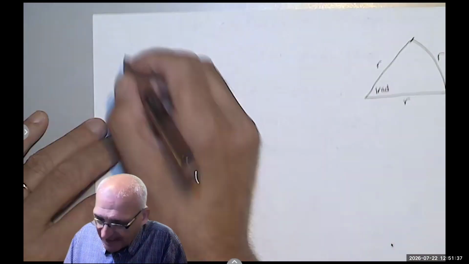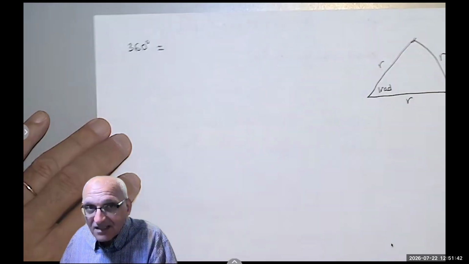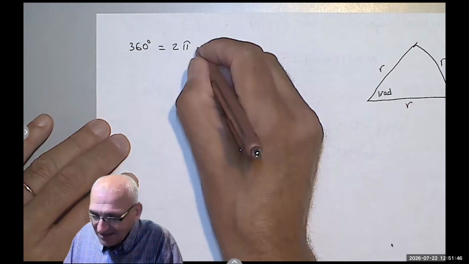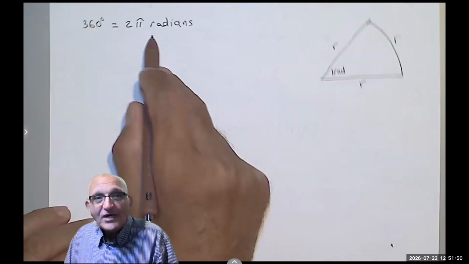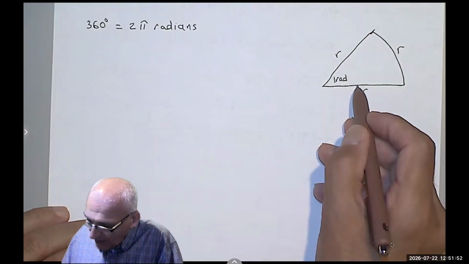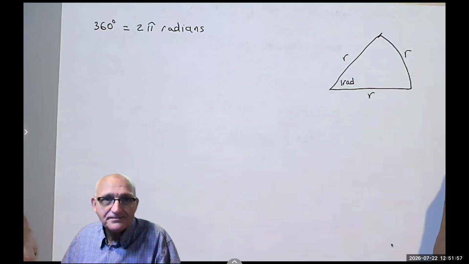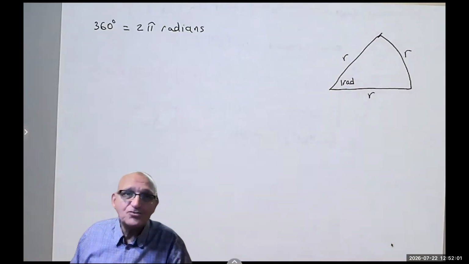It turns out that 360 degrees equals 2 pi radians. So 180 degrees is equivalent to pi radians. If I measure in radians, I get pi. If I measure in degrees, I get 180.